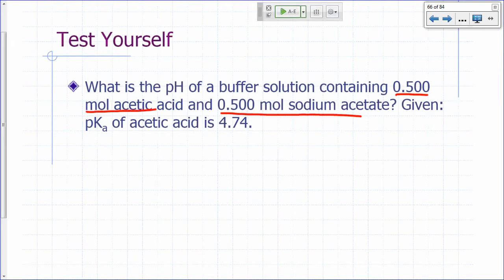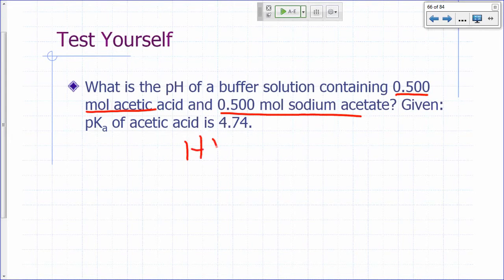The nice thing about a buffer is that because you have comparable amounts of conjugate acid and base, they tend to suppress each other's ionization. So for practical purposes, at equilibrium, whatever starting amount you have is going to be the same.